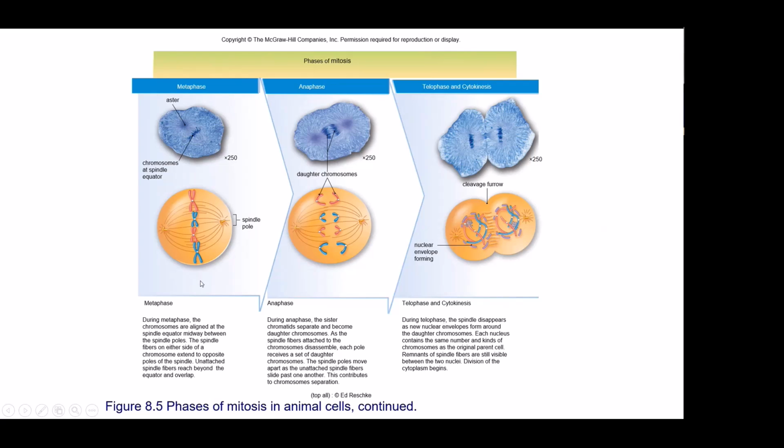So that's prophase. Metaphase is indicated by the time when you have all of the genetic material, all of the double-stranded chromosomes, lined up. So for humans, 46 of these all in a row, 23 from mama, 23 from papa.